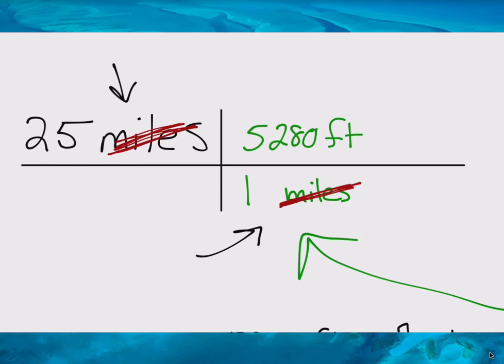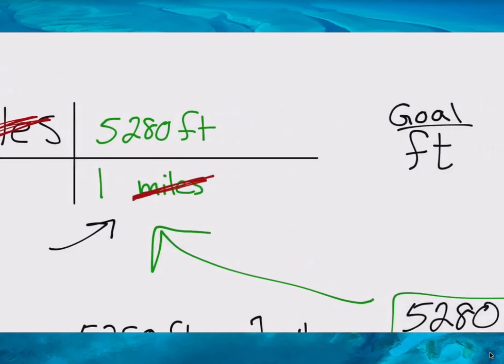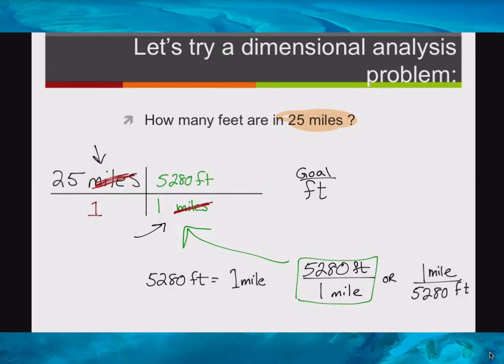If there's nothing in the space under the first one, you can literally put a 1 in there, just like if you have a 9, that's really the same thing as 9 over 1. Or if you have 10, it's the same thing as 10 over 1. So this one is 25 over 1 times 5,280 feet over 1. And so you end up with the following as your math.